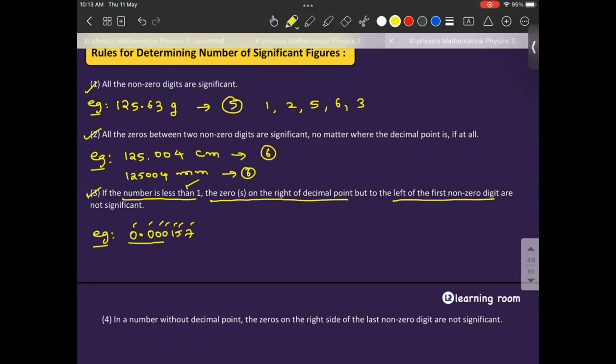Out of the 7 digits, we have only 3 significant figures, because 4 are lost. Am I clear with this? Next.